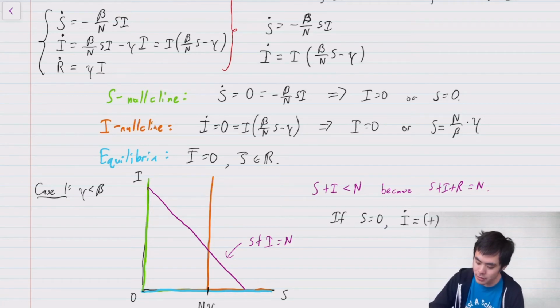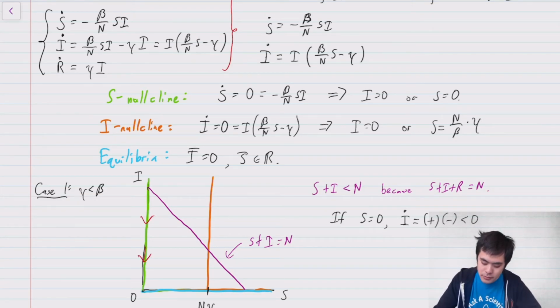So this is going to be a positive number times a negative number, which is less than 0. And therefore, the arrows point downward along the I-axis, so when S is equal to 0.